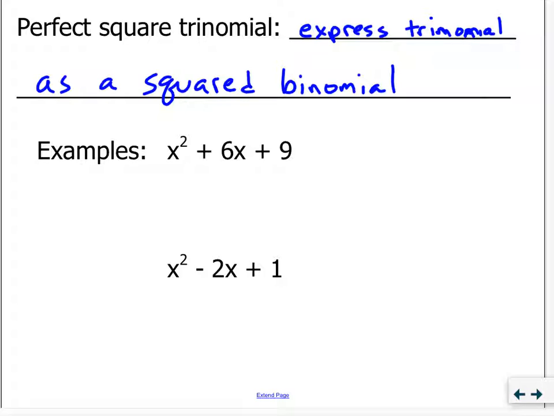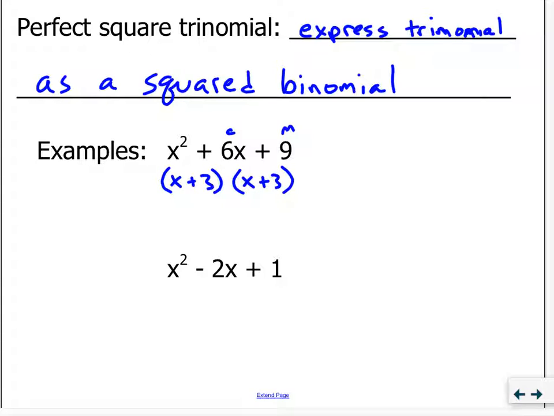So what I mean by that is I'm going to take this first one, x squared plus 6x plus 9. I'm going to factor it. So I'm going to think about the factors of 9, things that multiply to 9 and combine to 6. So you're probably saying by this point it's going to be a 3 and a 3. We've got to go back to our factoring for this a little bit. So when I factor this, it's going to factor to x plus 3 times x plus 3.